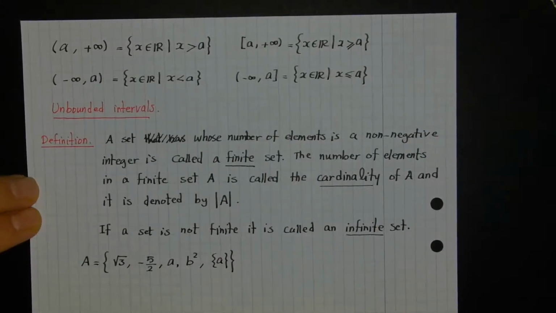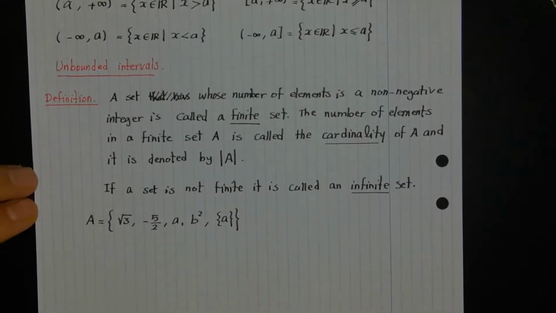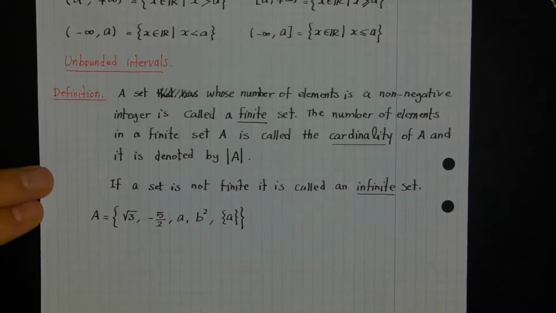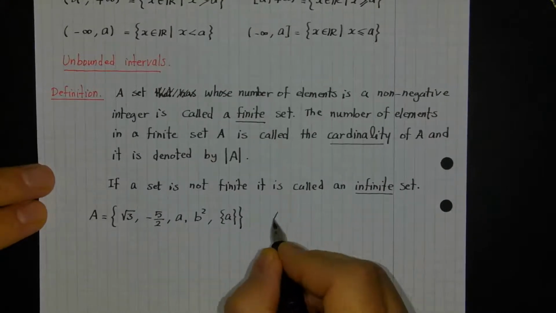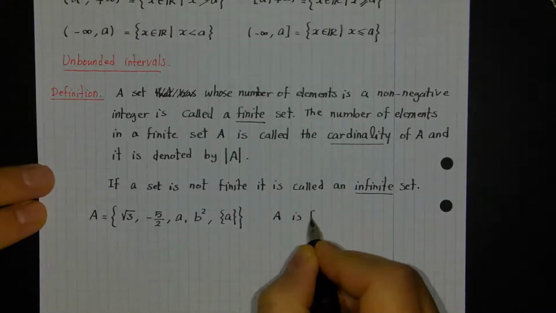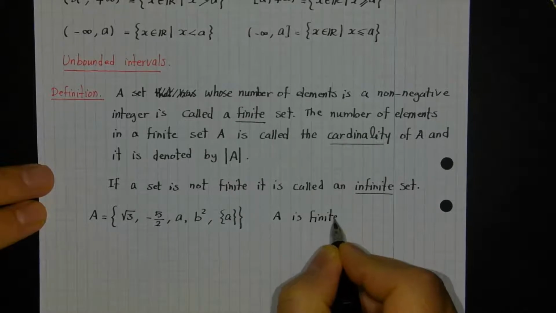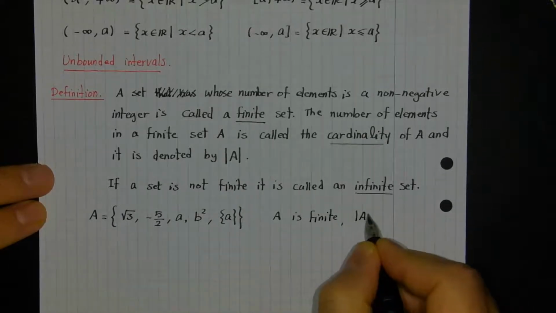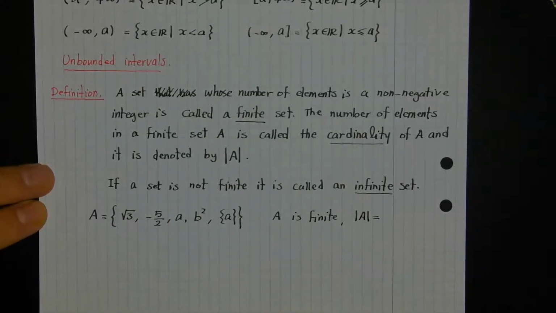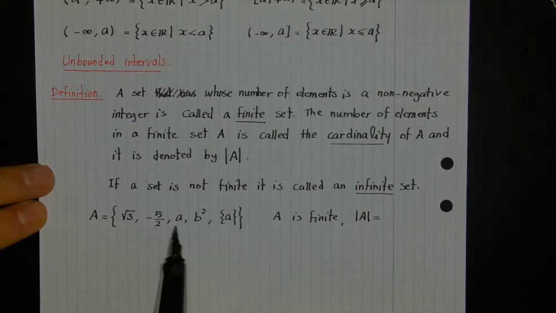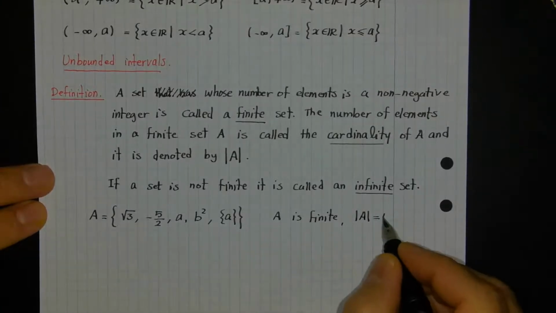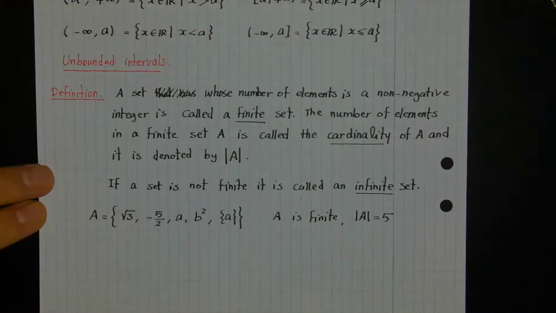If I ask you, is this a finite set or an infinite set? The answer is clear. This is a finite set, and the cardinality of A is the number of elements that you see: 1, 2, 3, 4, and 5. So that's the cardinality of this set.